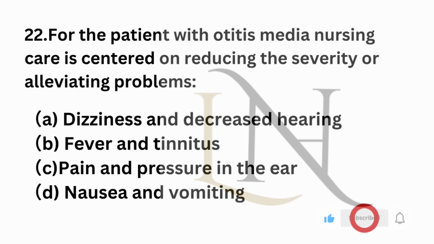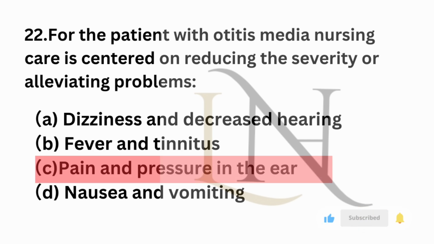Option A, dizziness and decreased hearing. Option B, fever and tinnitus. Option C, pain and pressure in the ear. Option D, nausea and vomiting. Correct answer: option C, pain and pressure in the ear. Move to the next MCQ.